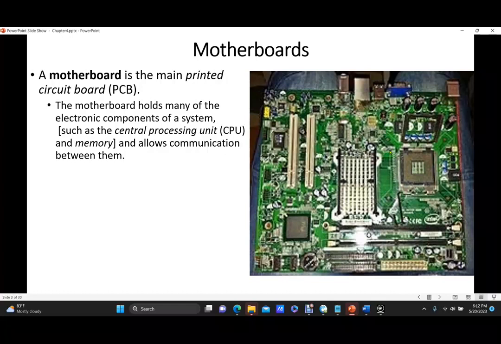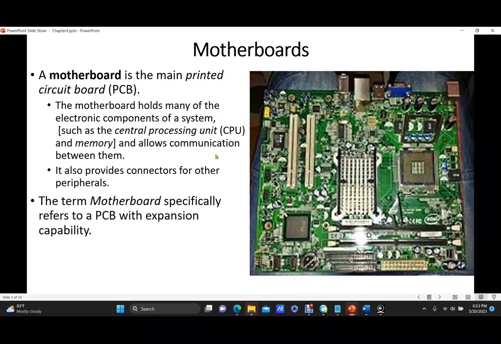The motherboard holds many of the electronic components of the system, including the CPU, memory, and the board itself supports communication between the various components. It also provides connectors for other peripherals.